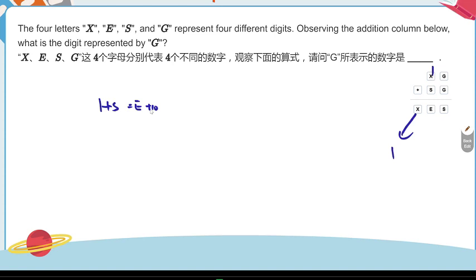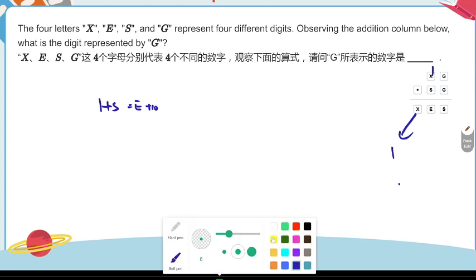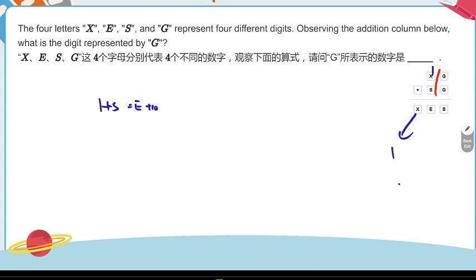We need to think, do we have a carryover here? For this, how can we solve it? We'll find it's quite complex, right? So maybe we need to think, this time, the most important thing is the tens place.